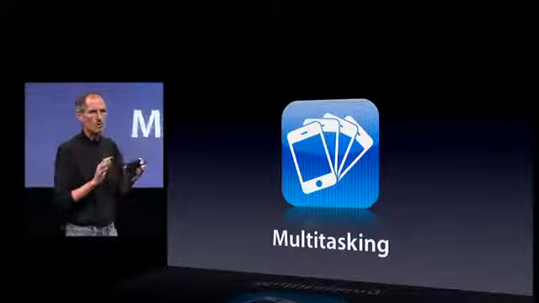So if you don't do it just right, your phone's going to feel sluggish and your battery life's going to go way down. And people have experienced that a lot. We figured out how to implement multitasking for third-party apps and avoid those things. And that's what took us a little longer, but I think we nailed it.